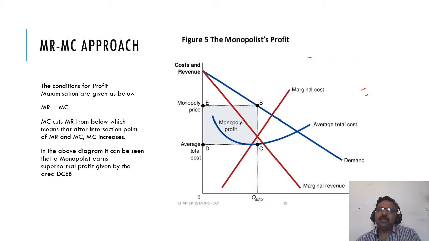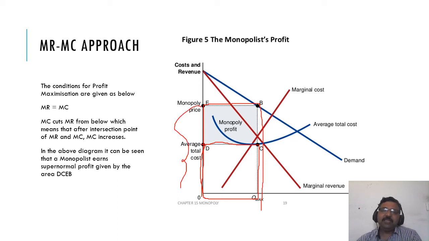The total cost area is the quadrilateral ODCQ, whereas the total revenue area is the bigger rectangle OEBQ. The total revenue is the bigger rectangle, whereas the total cost is the smaller one here.